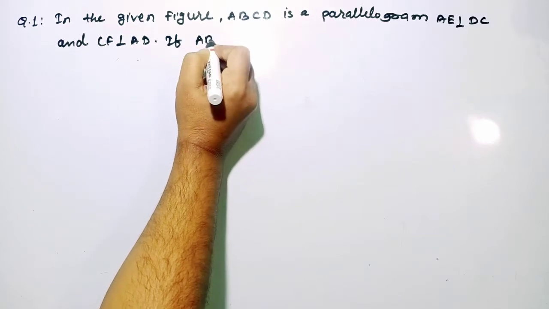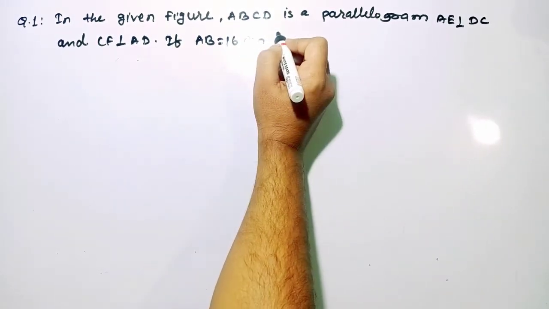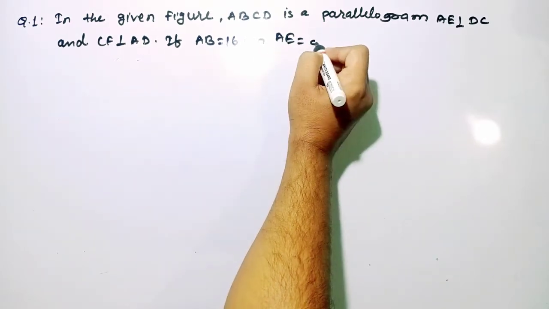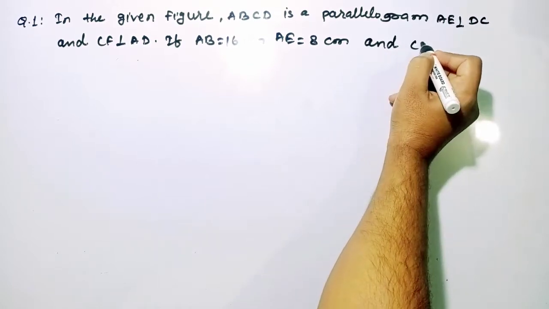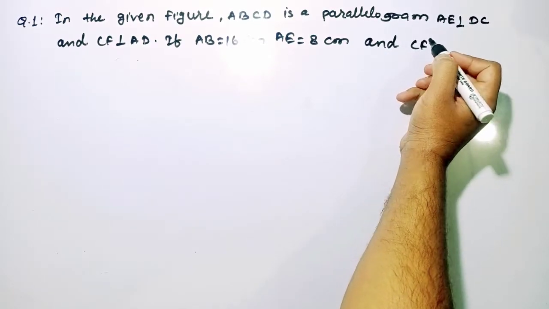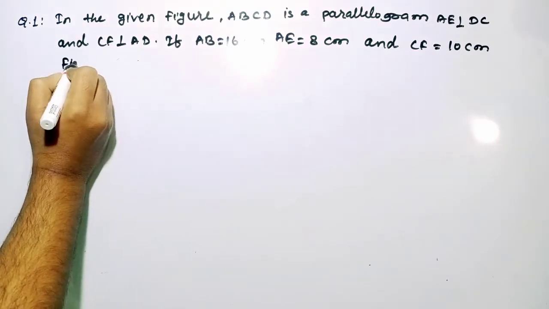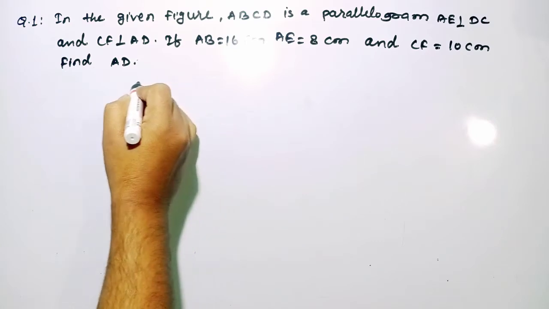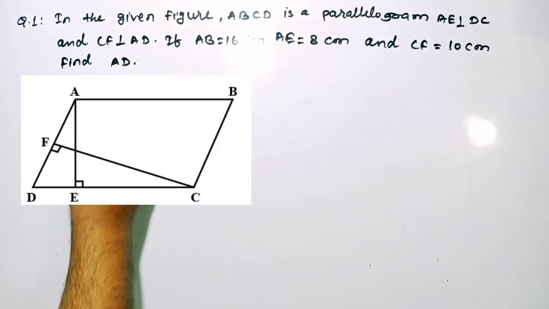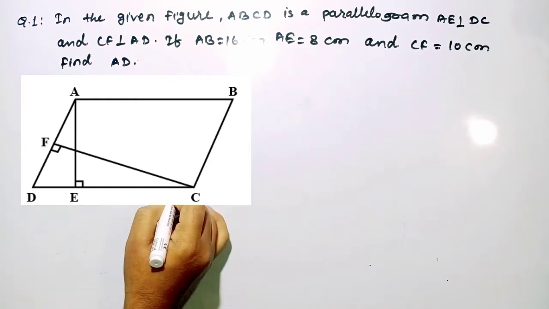If AB is equal to 16 centimeter, AE is equal to 8 centimeter and CF is equal to 10 centimeter, find AD. What we have to find out? The value of AD.